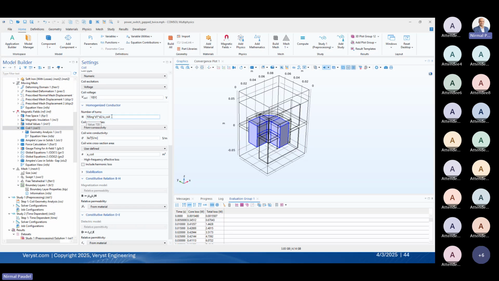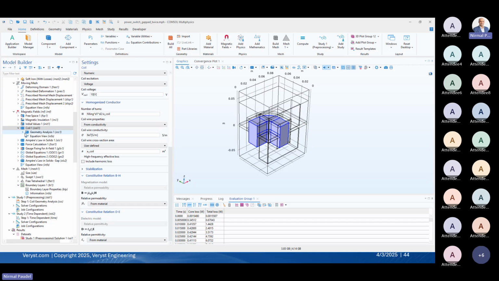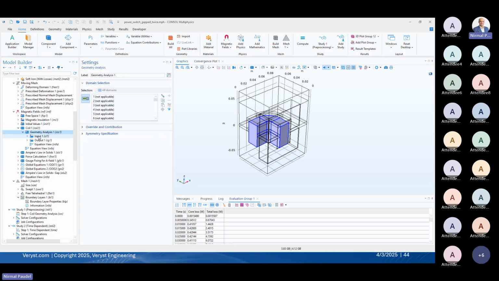So there are about 720 turns as per this filling factor and everything. We have a cross section of 1e-6, and that's pretty much it for the coil. And under here we have a current coming in and going out from the other side. It's a sector model, so we need to specify in and out of the coil.